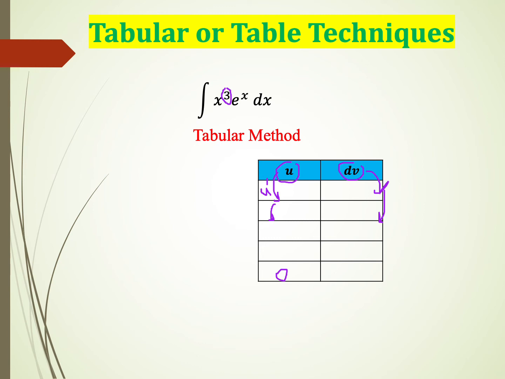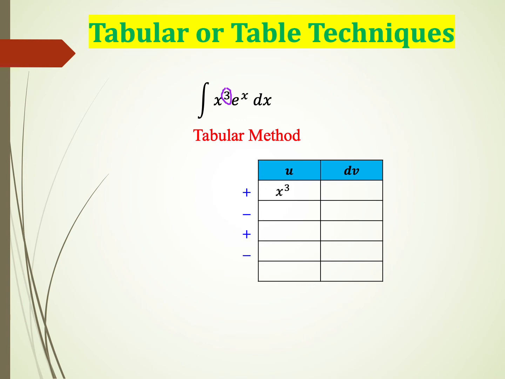And since it is alternating, the first sign here will be plus, and here will be minus, then plus, then minus, and so on. So this is the main shape of tabular. We need to remember the signs: plus, then minus, then plus, then minus, always.